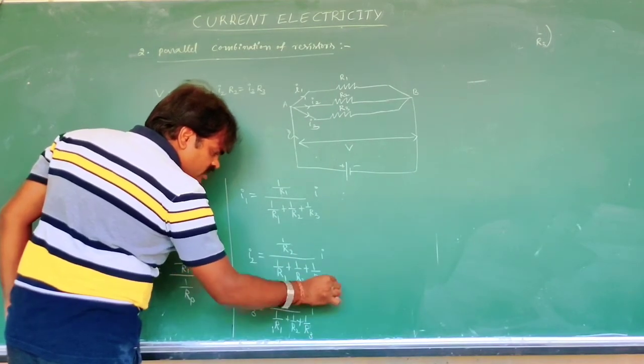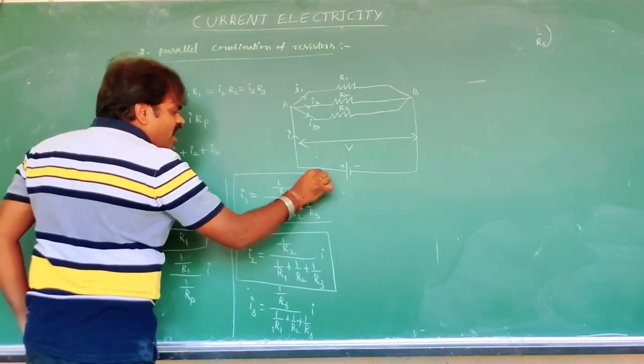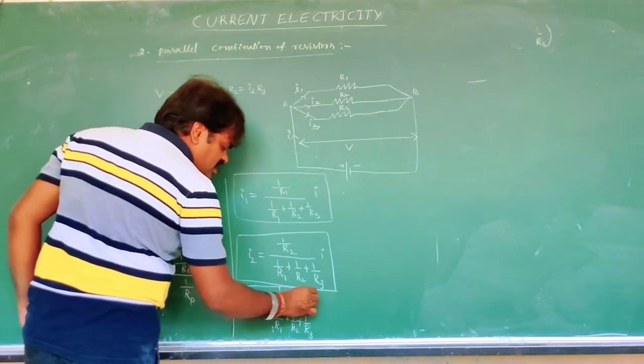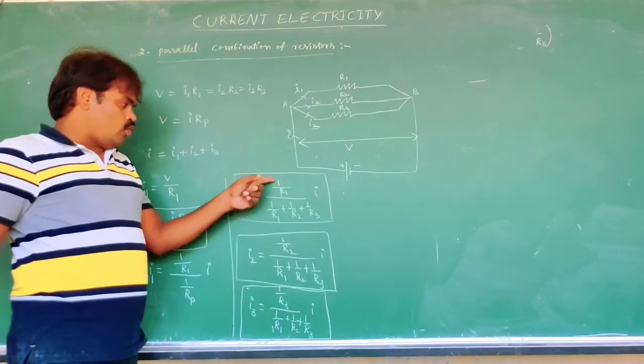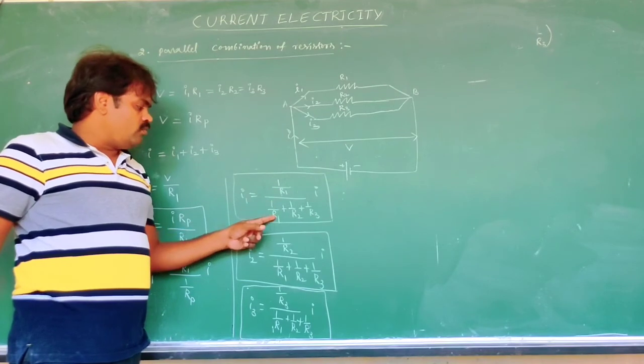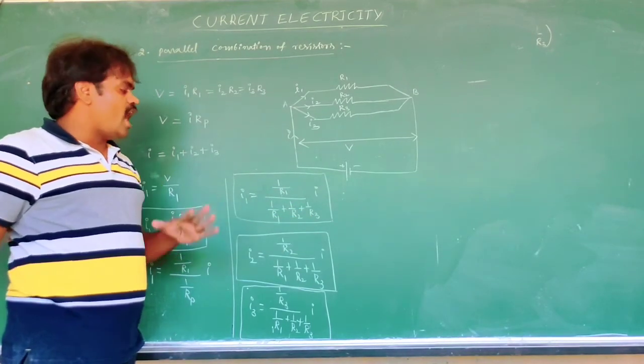Here also, this is the division of current in the parallel combination of the resistors. Very simply, remember this formula: I1 is equal to 1 by R1 divided by 1 by R1 plus 1 by R2 plus 1 by R3, into I, the total current.